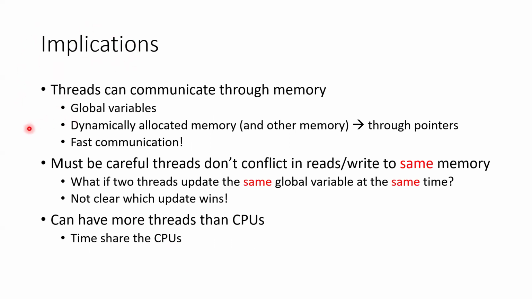So this implies that, if needed, you can make the threads communicate through memory, because they will see each other in the global variables and the dynamically allocated memory in the heap through pointers, which means the communication can be fast.